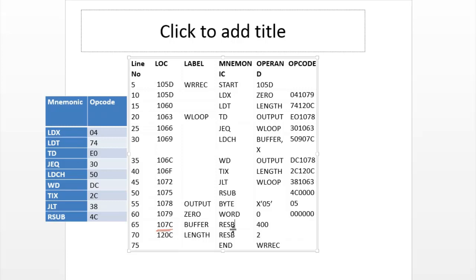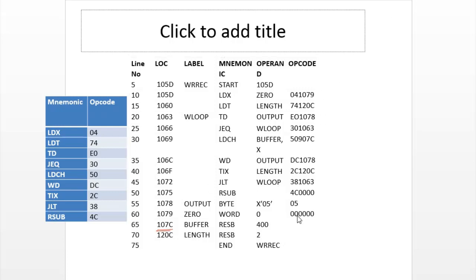Assembler directives are not processed, correct? But here we are defining a constant. That constant value we have to convert into machine representation. How they are internally stored in the machine has to be represented while we are defining the constants. But here we are not defining any constant, we are just reserving the space, so it need not be converted into object code, right? And this is the end of our program.